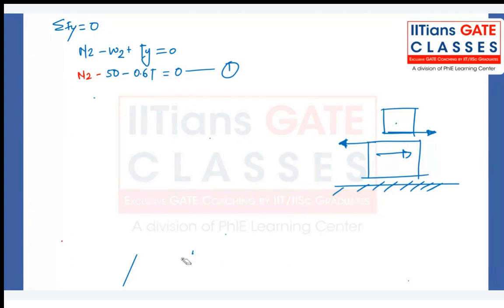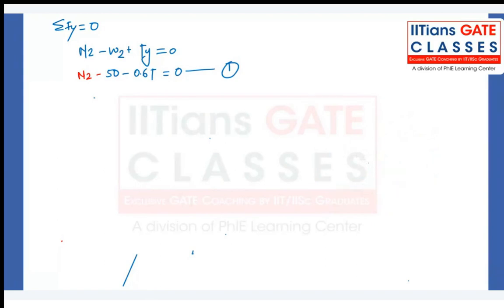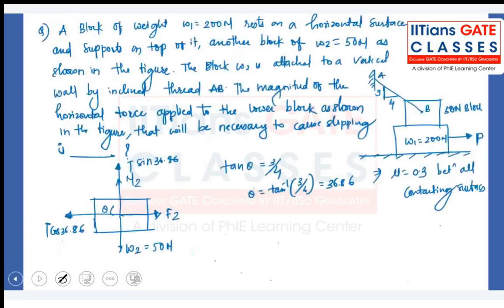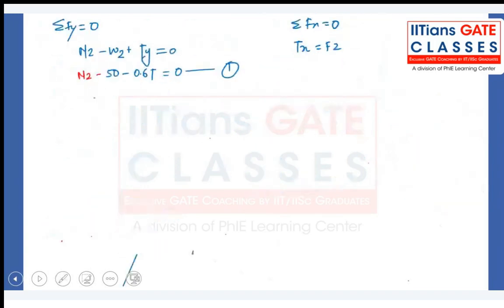So let's continue. Summation of all horizontal forces equal to 0. Tx is equal to F2. And Tx is T cos of 36.86, so 0.8 times T is equal to F2. And F2 is mu times N, and the N we already got.